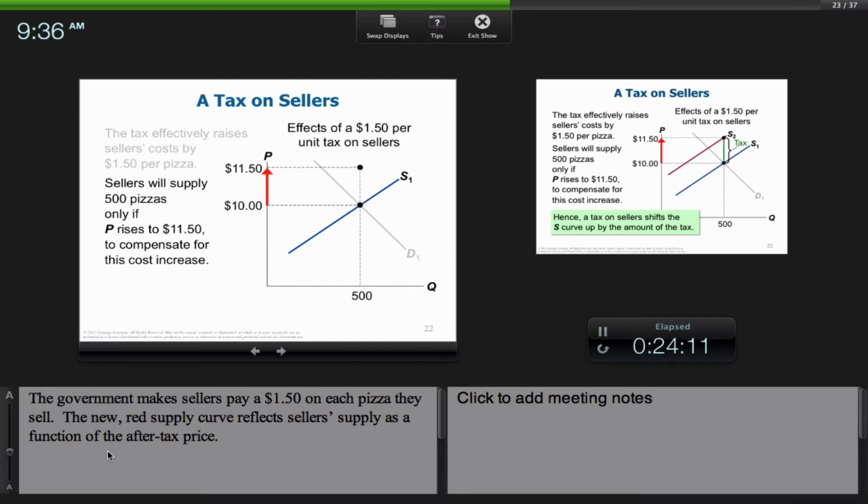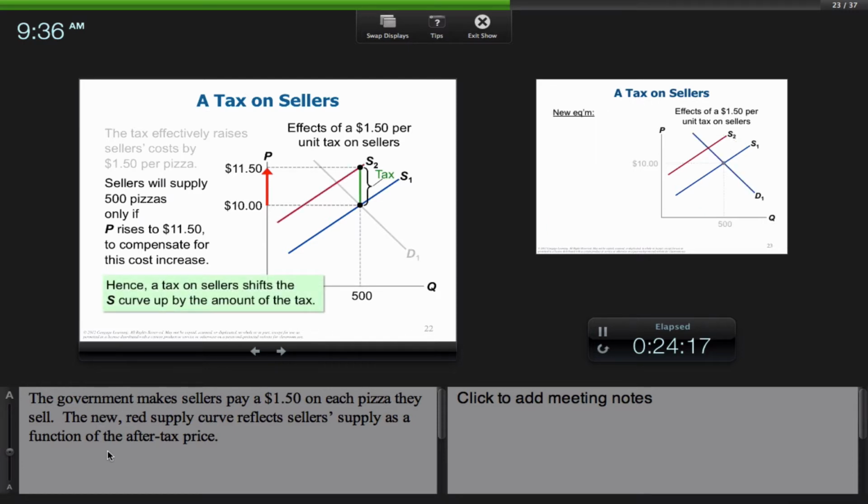Supply is going to decrease. So the tax on sellers decreases supply by the amount of the tax from equilibrium. We're going to have a new equilibrium point at, they're going to say $11, I bet.